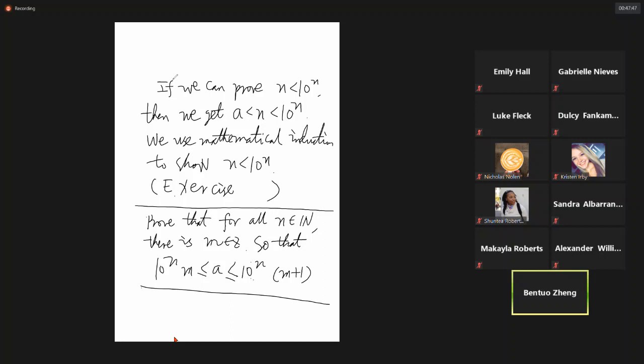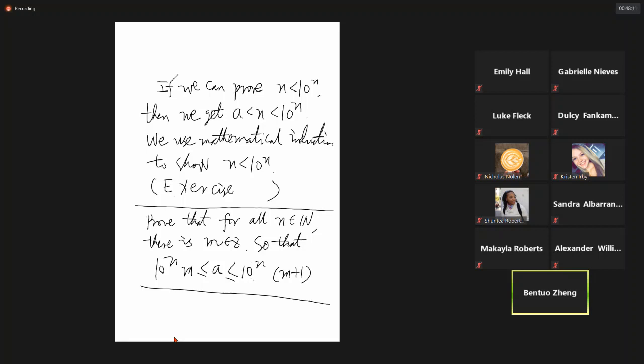This inequality involves two integers. One is a natural number n, the other is an integer m. If there are two integers, then it's very difficult to handle. So somehow we want to rewrite this inequality in a way that we only work with one integer.